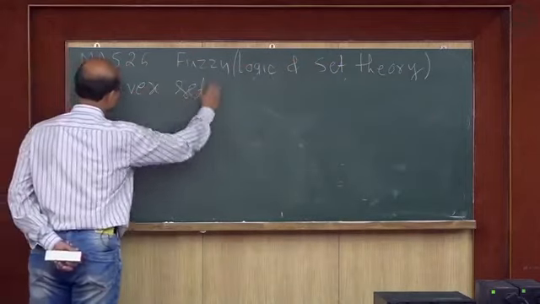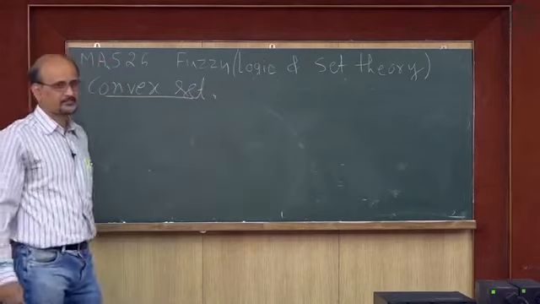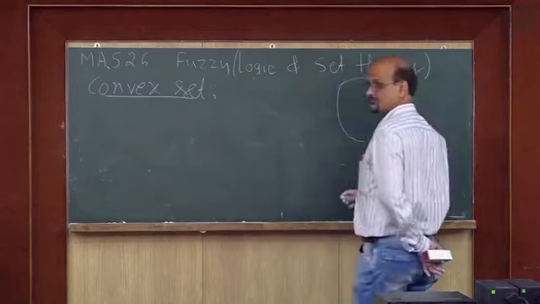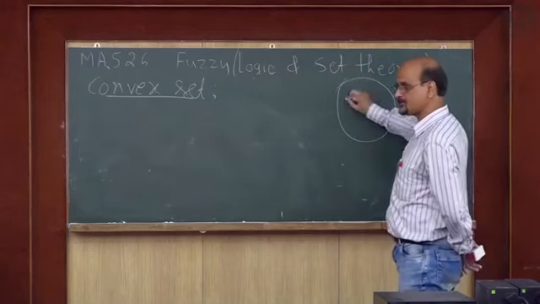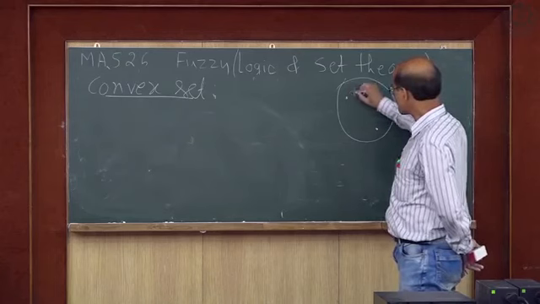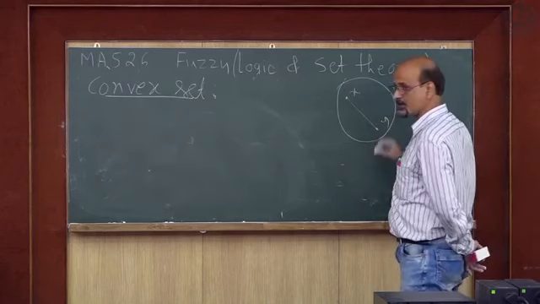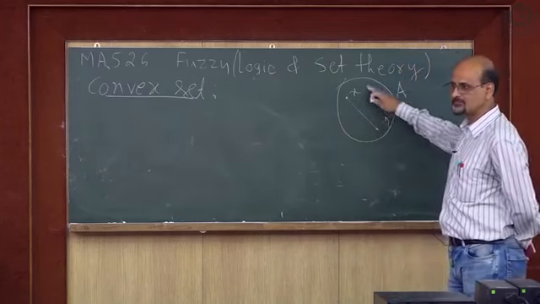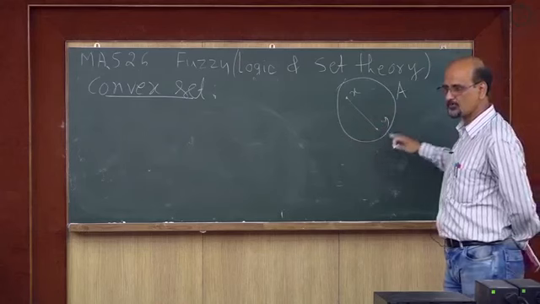Convex set. How do you define a convex set? A set A is convex if I take 2 points anywhere belonging to this set. Suppose I take x and y and join them by a straight line. If this lies in the set, then we say it is a convex set.